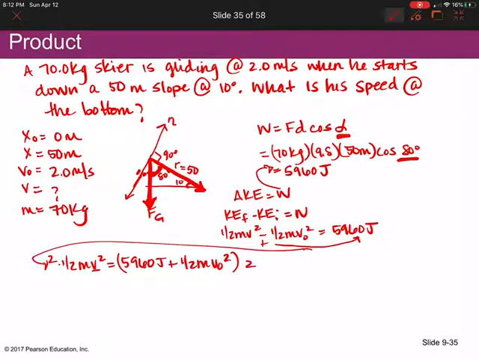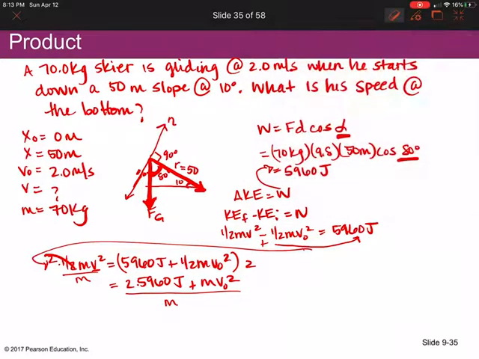So multiply by 2, but you have to multiply by 2 to all of it. So it ends up being 2 times 5,960 plus this, 2 multiplied by half cancels that out. Okay, so that's gone. And then you've got to divide by the mass.